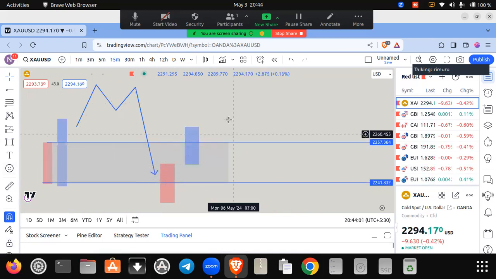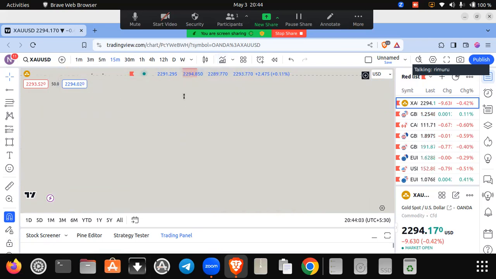What is hidden engulfing sell? Hidden engulfing sell is similar, it's just quite opposite.